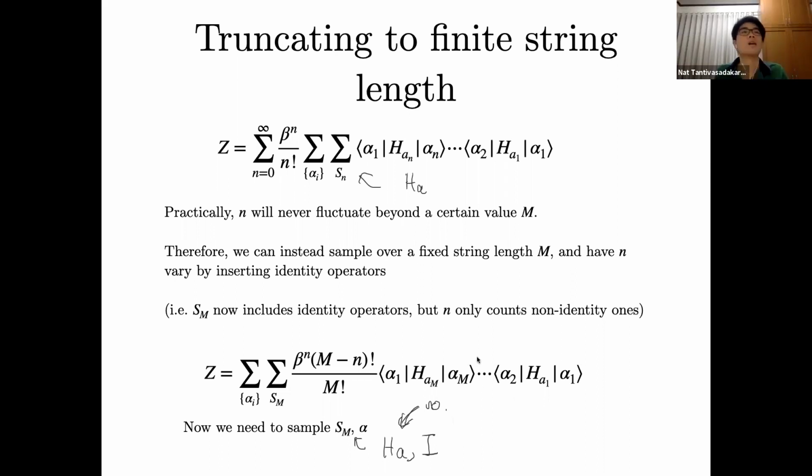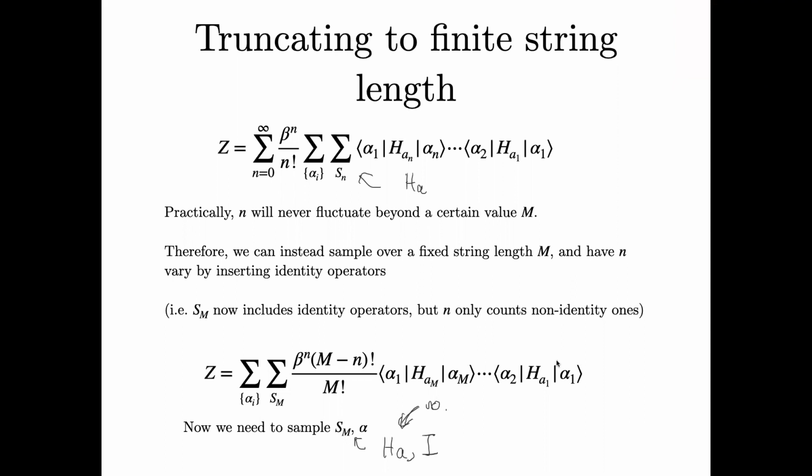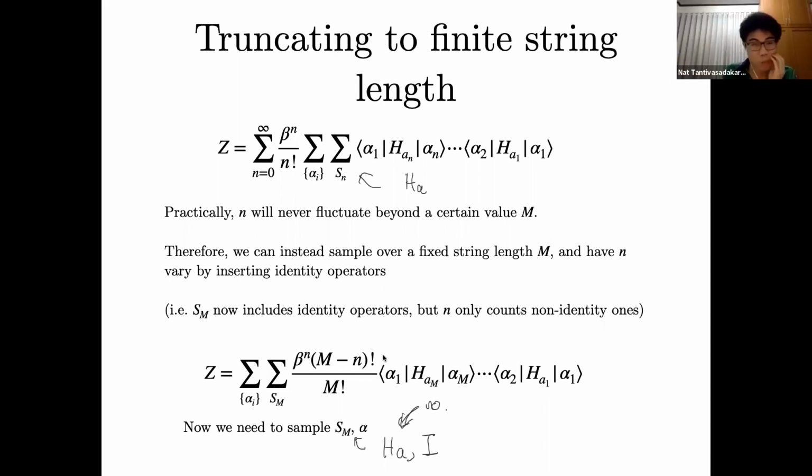Does this part make sense? How do you choose M? Oh, right. In practice, you can start with a small M, and in your simulation you go between different configurations, and that fluctuates n.